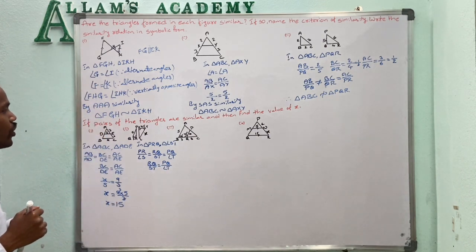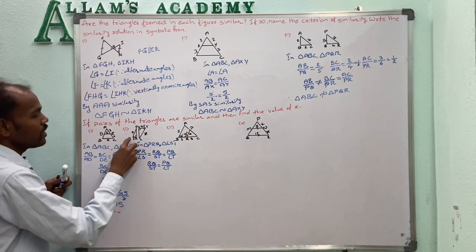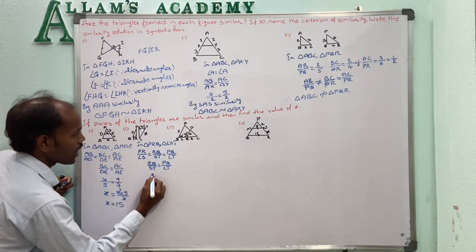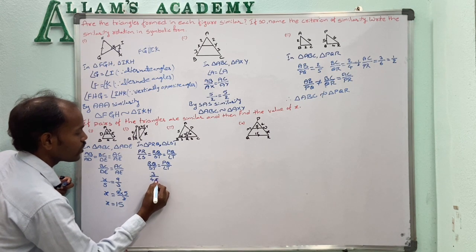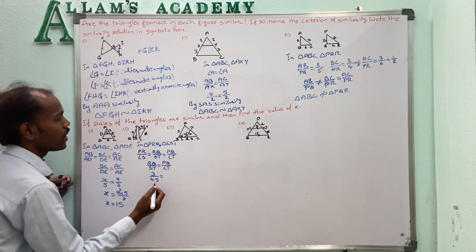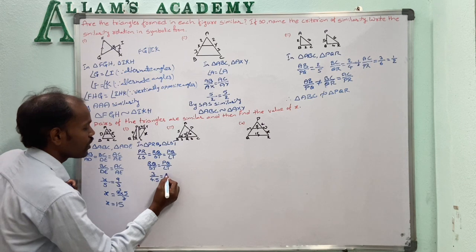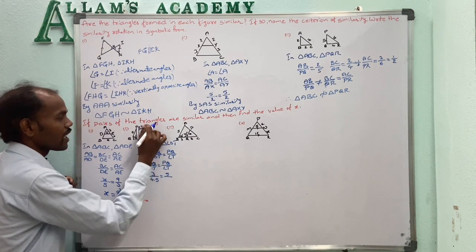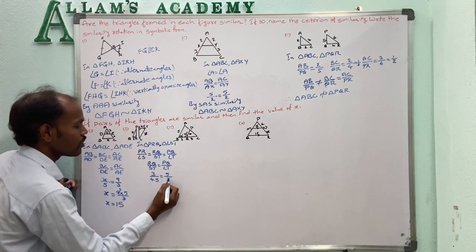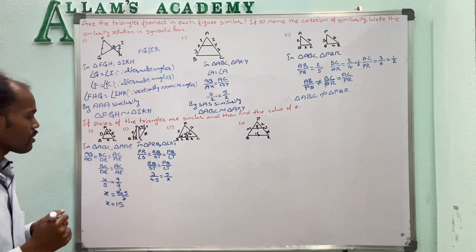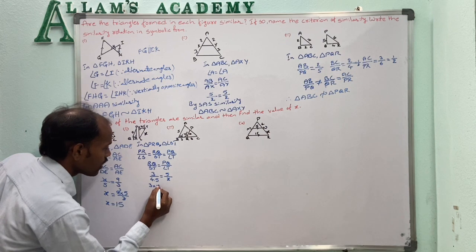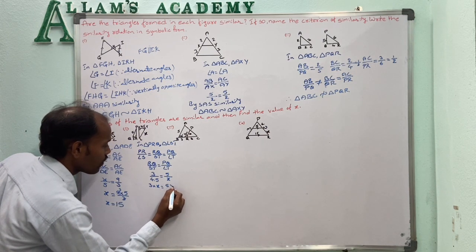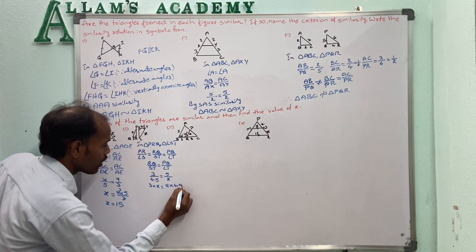So RQ value is 3 units given, and ST value is 4.5 units given, and PQ value is 5 units given, and LT value is x units. So by cross multiplication, 3 into x equal to 5 into 4.5.